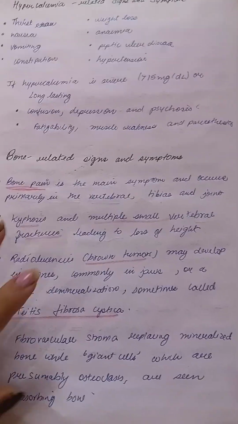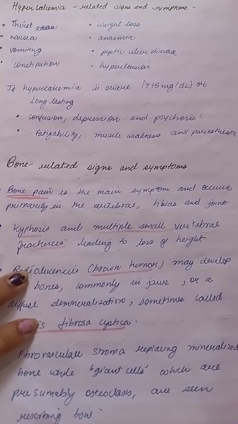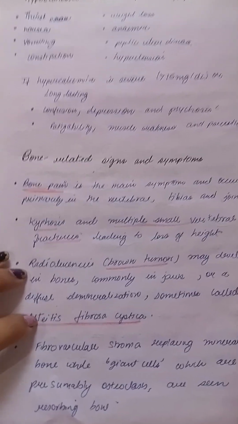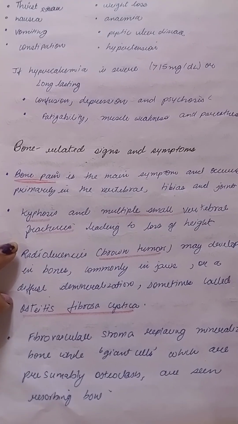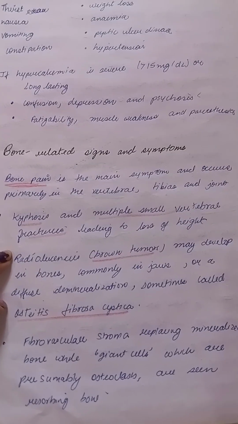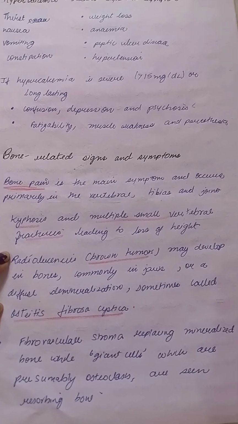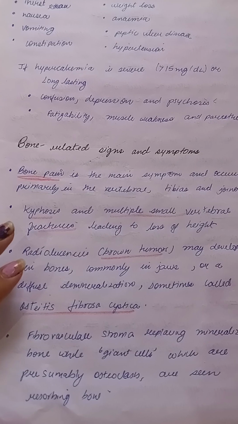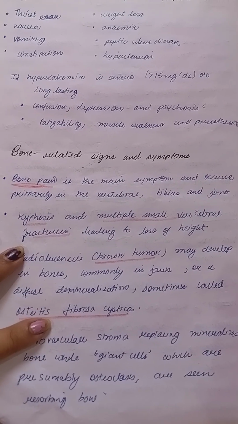Okay, in bone related signs and symptoms, two things we can appreciate radiographically, that is brown tumor, radiolucency, and second thing is diffuse demineralization, that is known as osteitis fibrosa cystica. And the symptoms are bone pain, kyphosis and multiple small vertebral fractures.